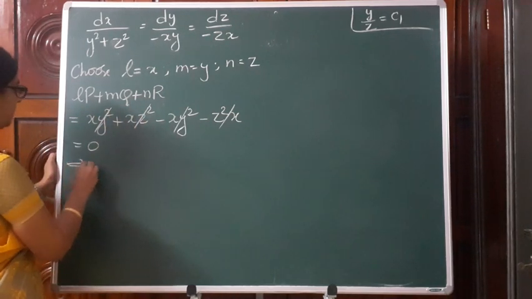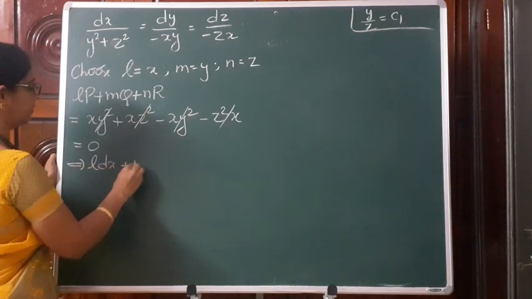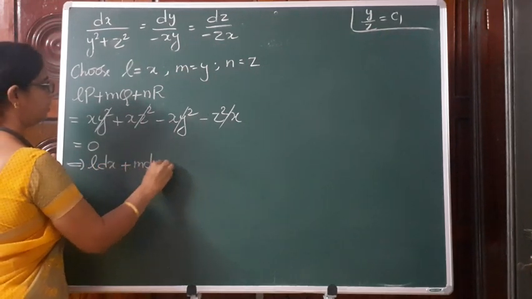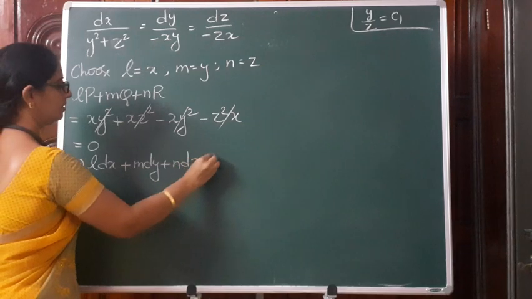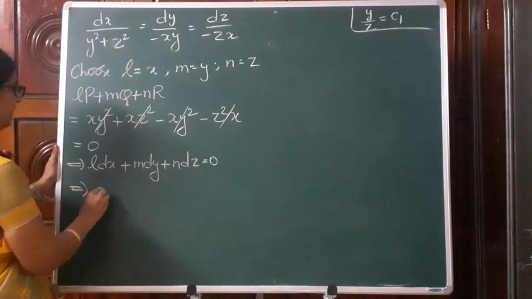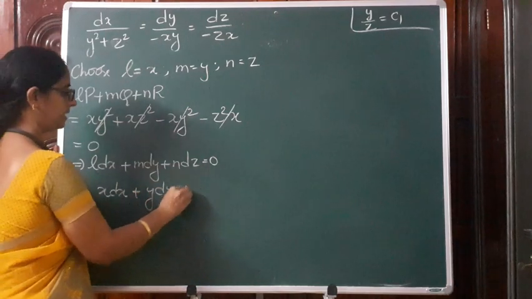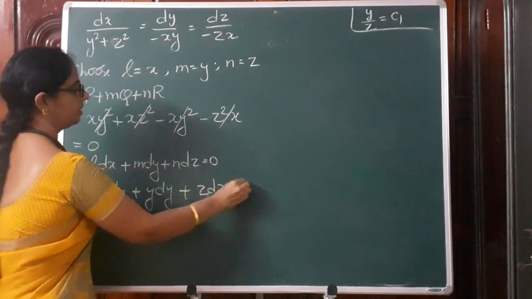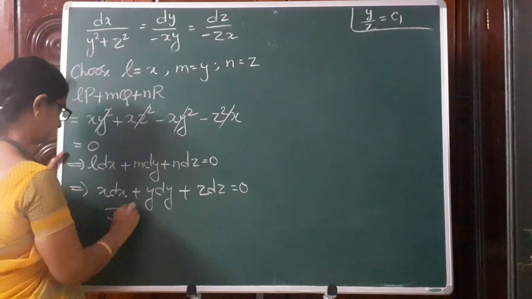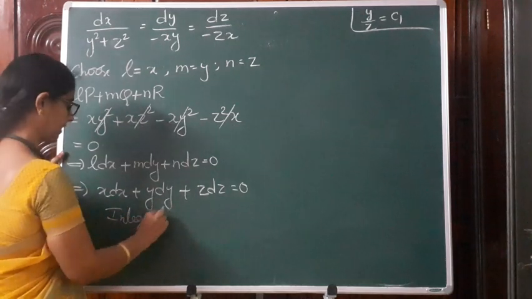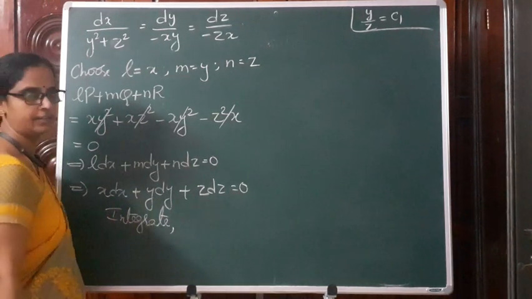This implies L into dx plus M into dy plus N into dz is equal to 0. That means x dx plus y dy plus z dz is 0. So that we can integrate and find the solution.